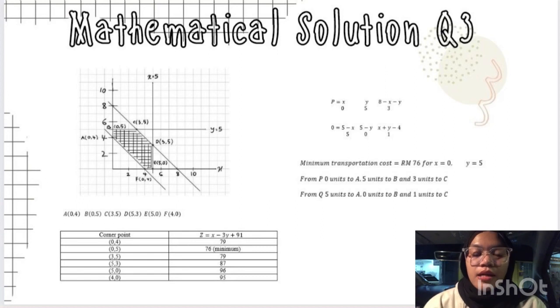From Penang, 5 units go to A, 0 units to B, and 1 unit to C, so the total is 6 units. As we can see from the figure in the slide before, Johor needs to transport 8 units and Penang 6 units. So that's the whole solution for this problem.